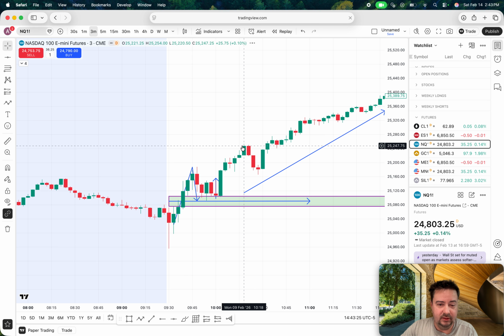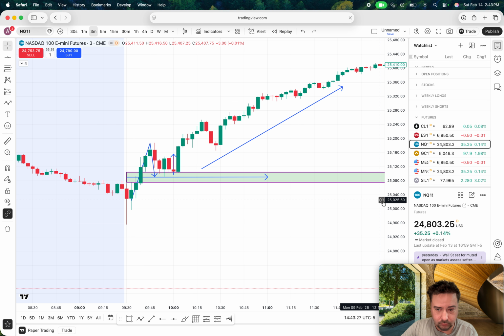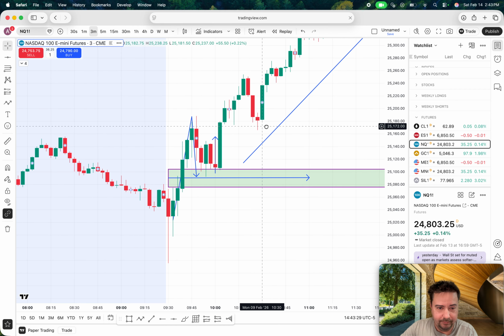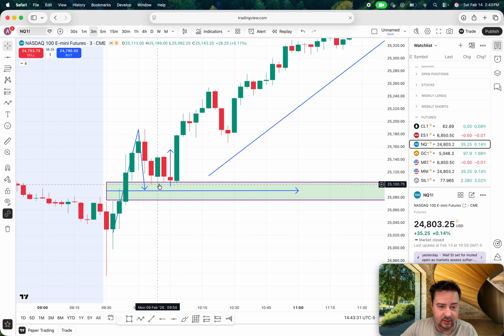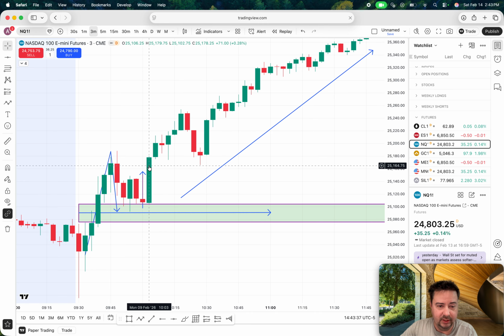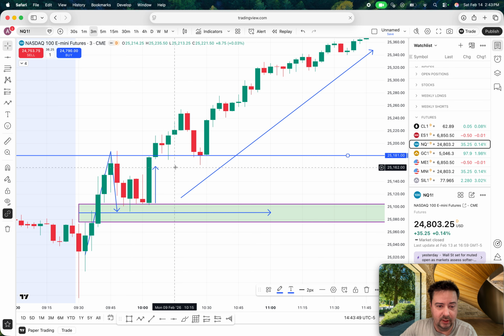If we move down into a 3-minute chart, 3-minute time frame, we see how it retested this area multiple times, but then we get this big green candle right there that comes up. So if I'm buying this, if I'm going long, then I'm going to put my order somewhere in this area right here.